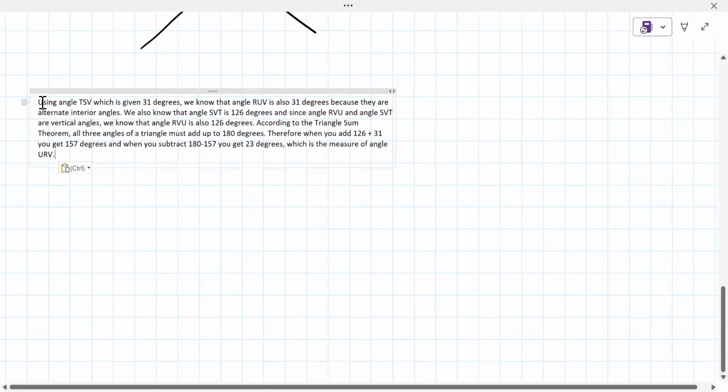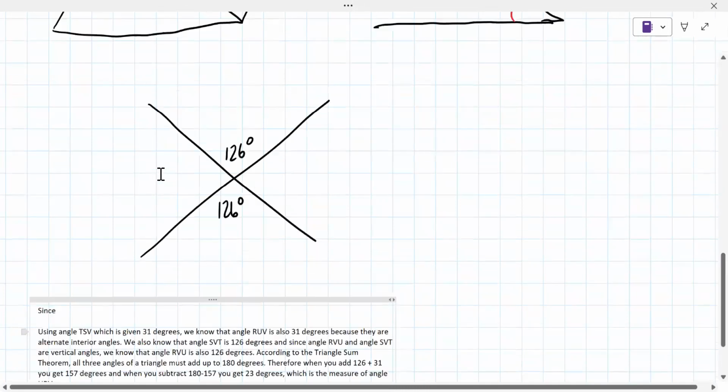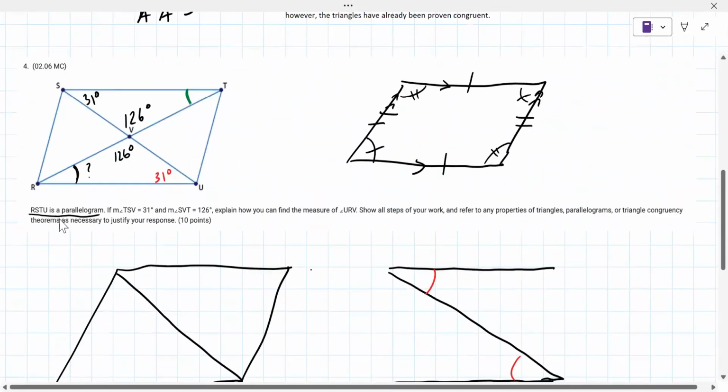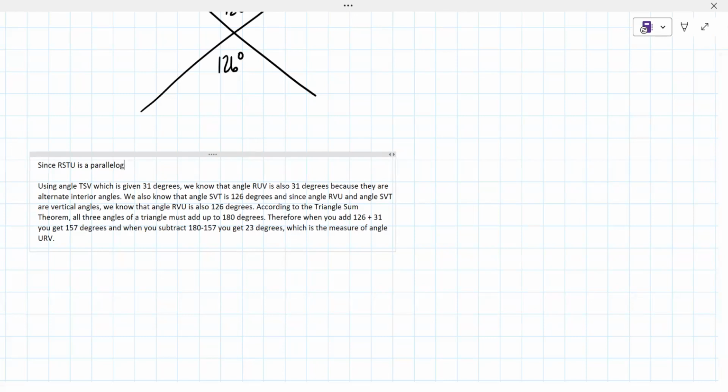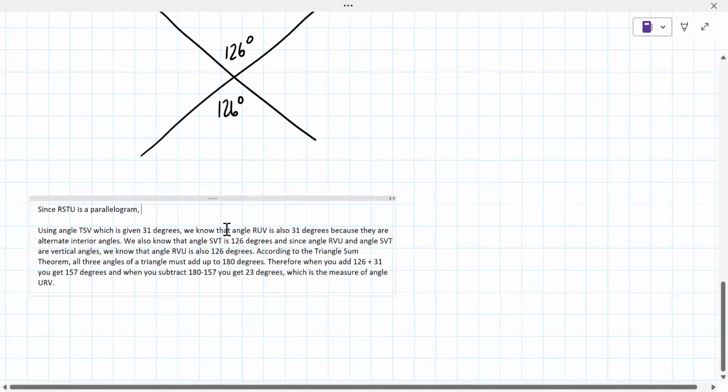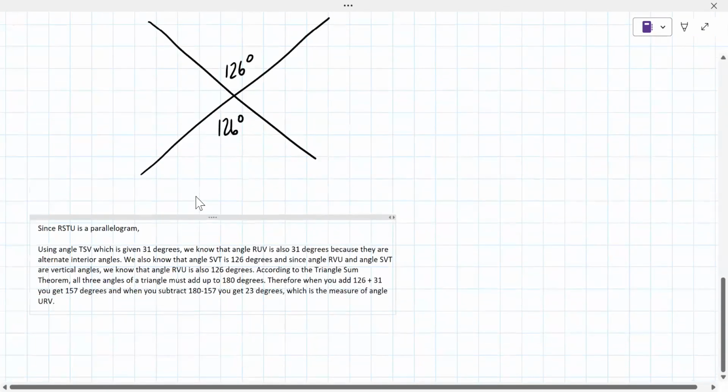You might want to start out by saying, since RSTU is a parallelogram, that means that ST and RU are parallel.